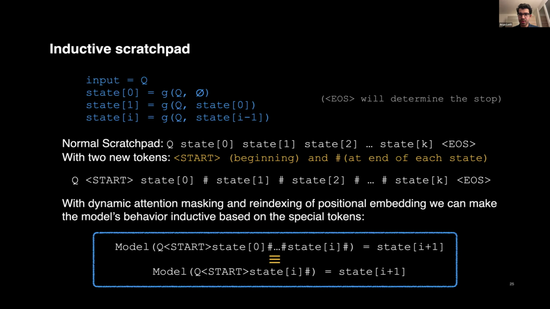By this Markovian or inductive behavior, we mean, as in the box in the lower part of the slide, that the model should give you state I plus 1 based on the question and state 0 to state I. Using this masking and re-indexing of the positions of the tokens, this becomes equivalent to getting state I plus 1 just from the question and state I. We can handle this easily by masking the tokens dynamically based on these two special tokens.